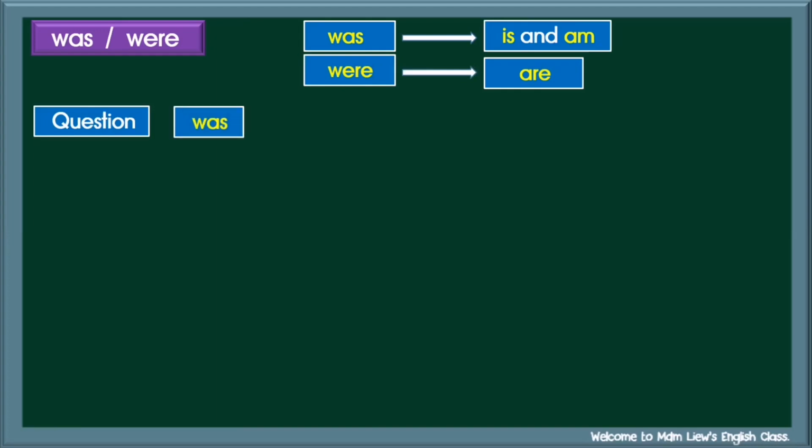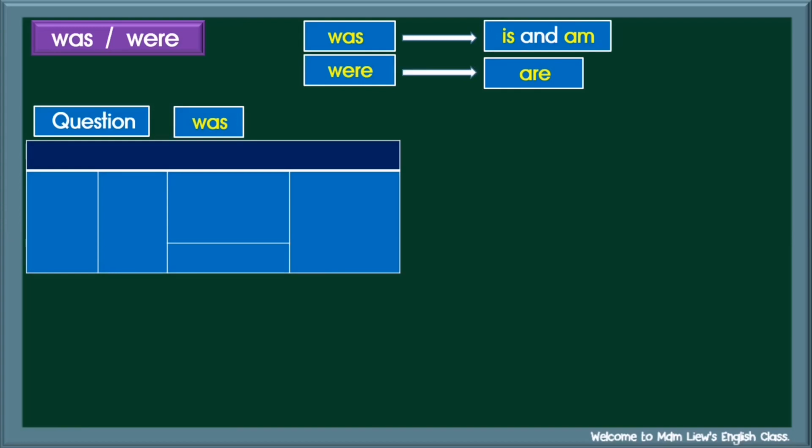Let's look at the question structure. Begin your question with the question word where, followed by the be verb was or were. Let's use was first, followed by the subject.